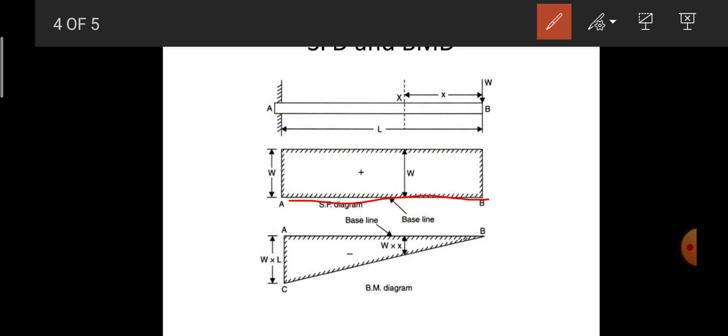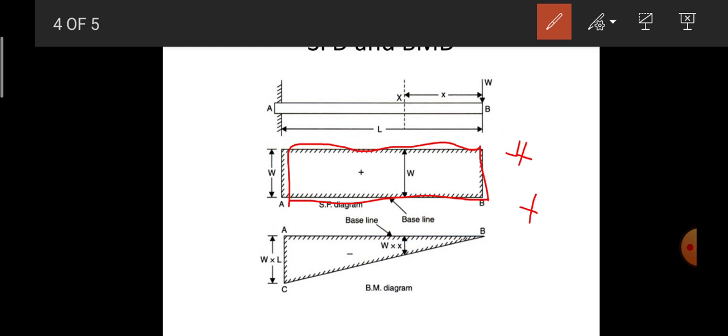Shear force variation for a concentrated load is stepped in nature. The positive values are plotted above the baseline and negative values are plotted below the baseline. Here the positive W magnitude is constant throughout, so it is a rectangular or stepped variation.